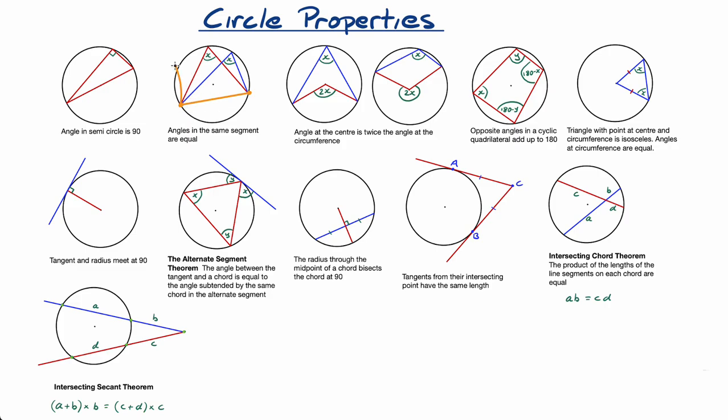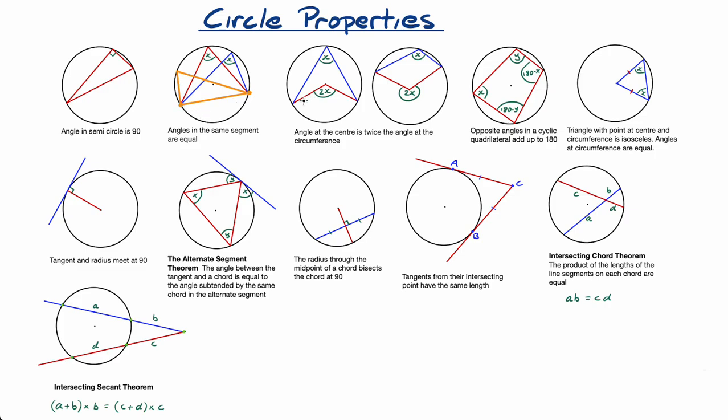So here, if I start here, this angle will also be the same as x. And then if you went the other way, this is in a different segment, but that angle there would equal that angle here. Those two would be equal.